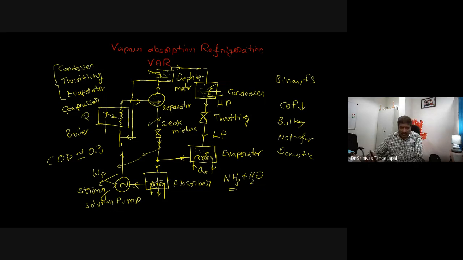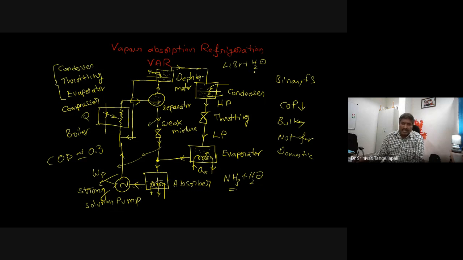There is one more vapor absorption refrigerant system, lithium bromide and H2O, LiBr plus H2O. This is suitable for domestic applications. But this is not suitable for below 0 degrees centigrade, because here the refrigerant is H2O.